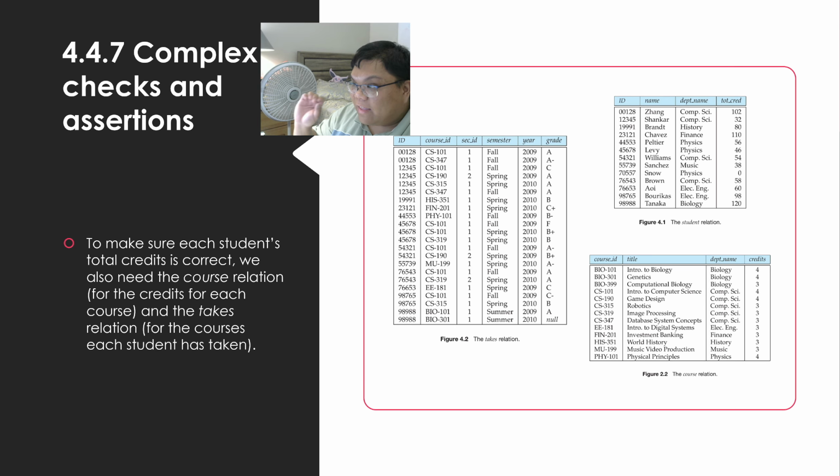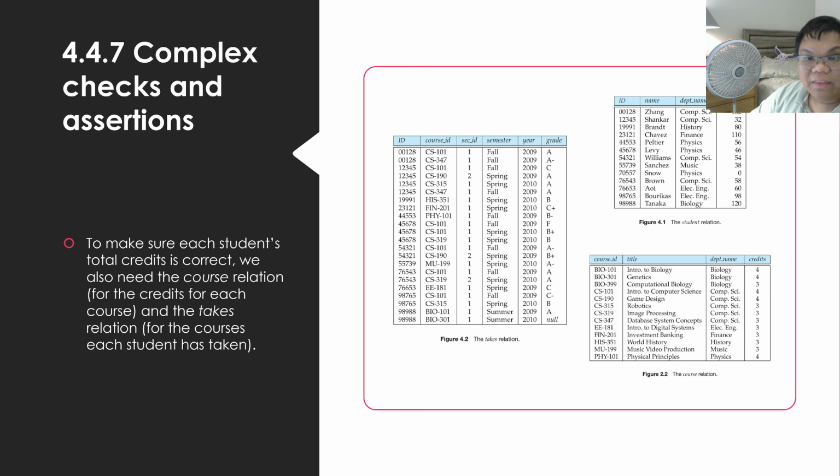If the total credit matches the sum of the credit values of every course that student has ever successfully passed, then we know that total credit is correct. This is where it's going to get deep.